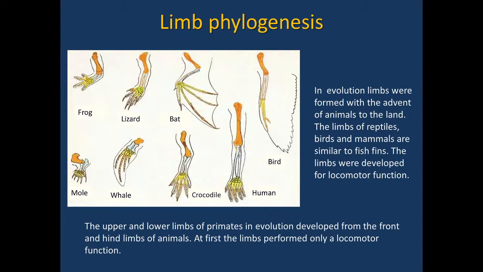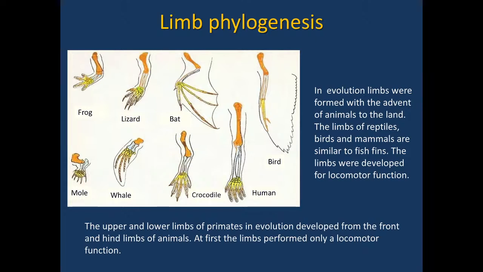Regarding the phylogenesis, this is an evolution of the limb. We see that upper and lower limbs of primates in evolution developed from the front and hind limbs of animals.